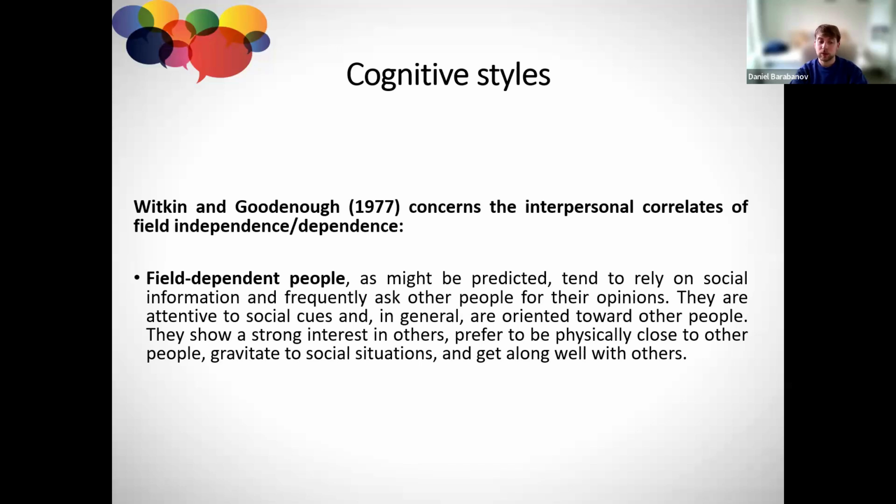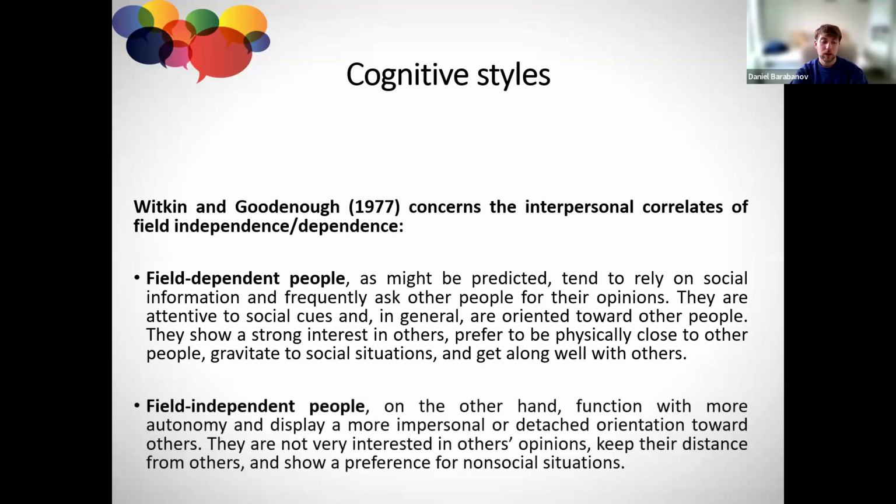They're attentive to social cues and in general are oriented toward other people. They show strong interest in others, prefer to be physically close to other people, and gravitate towards social situations, which is actually interesting, because where is cognitive style and where is social behavior? Surprisingly, they're interconnected, and this connection is actually quite logical.